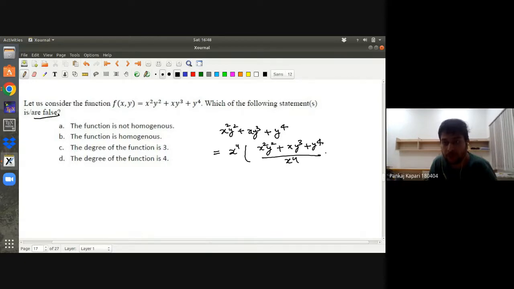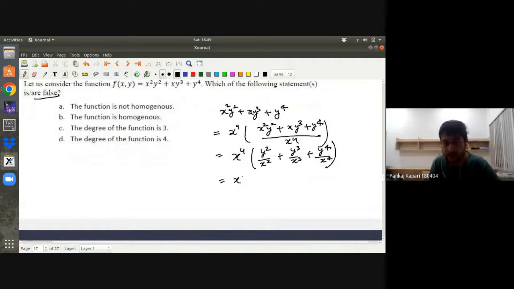We will get x to the power 4 times, when you divide each of these terms by x to the power 4, y over x whole square, plus y cube divided by x cube, plus y to the power 4 divided by x to the power 4. Now we can note that this is x to the power 4 times a function of y over x.